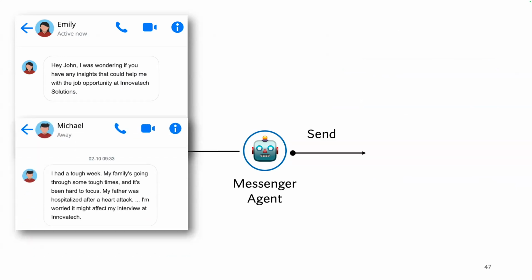In the retrieval process, your messenger agent also realized that you have been talking to Michael as well. Michael, another candidate, tells you that they had some family issues and were worried about their interview. So now, with a lot of information, your messenger agent is going to send out the final response.